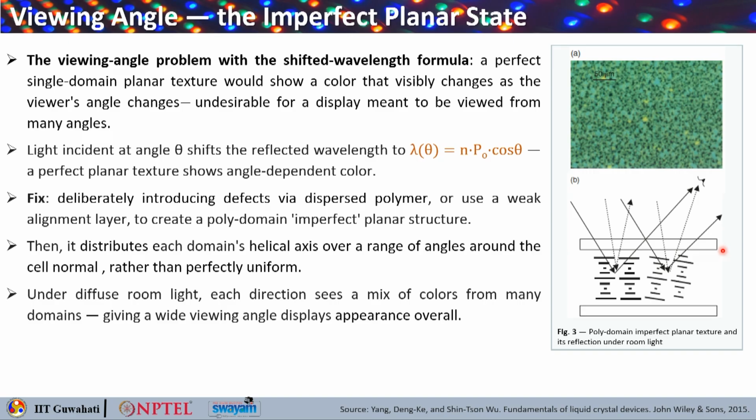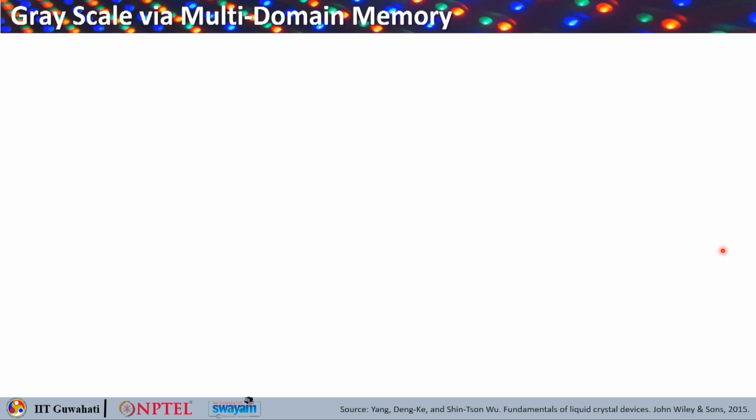Under realistic room lighting, where light arrives from a broad range of angles, the mixture of colors reflected toward any viewing direction from many differently tilted domains averages out. That gives the display a viewing angle independent appearance.